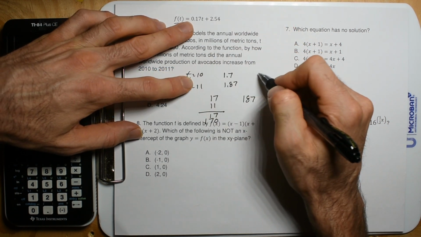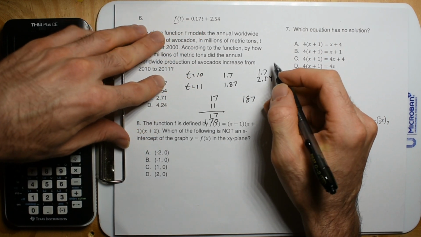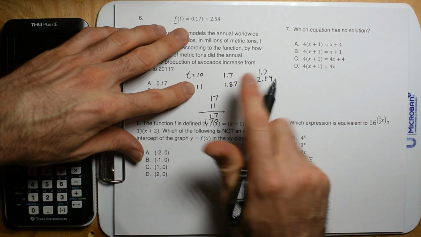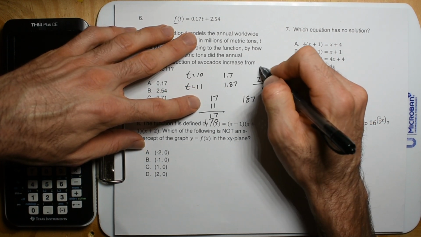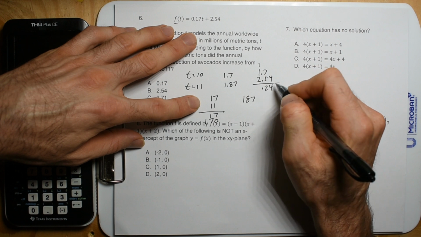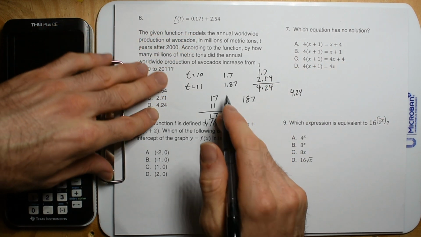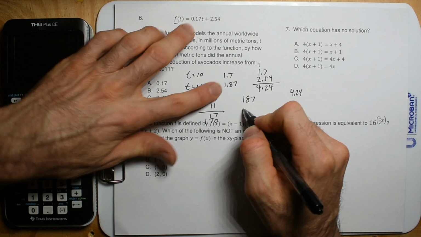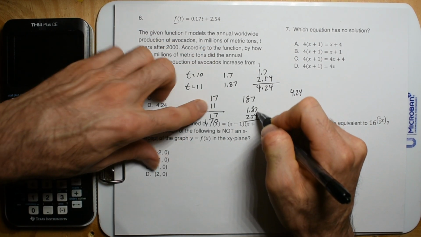Okay, but then we have 1.7 plus 2.54. And so we want to know the increase. So obviously this number is probably going to be lower. So we got 4.24, and we're going to increase to this number, 1.87 plus 2.54.